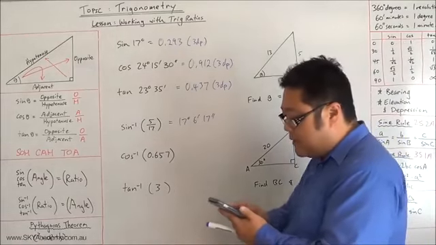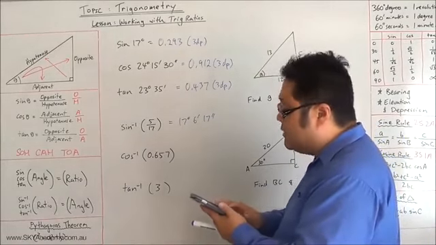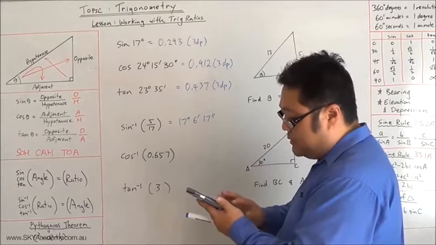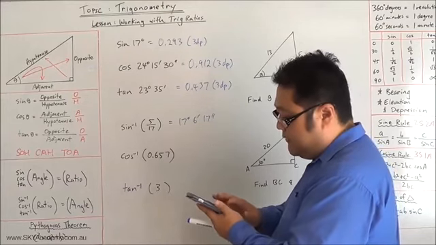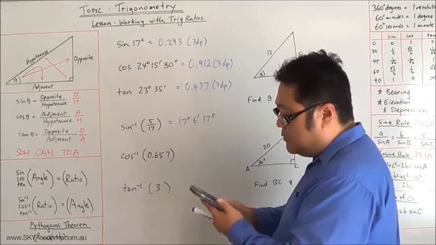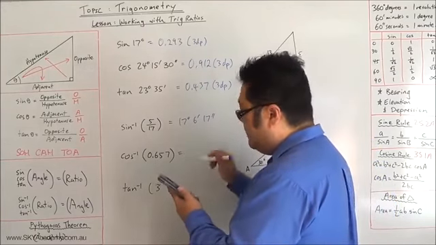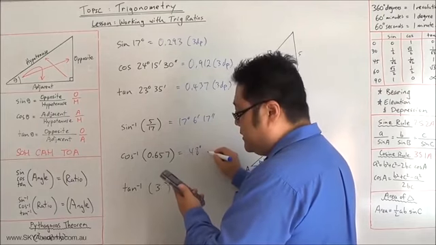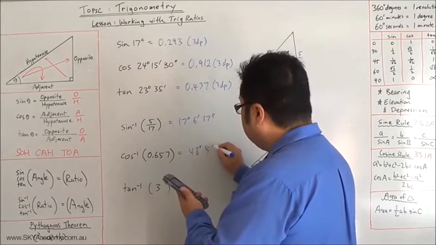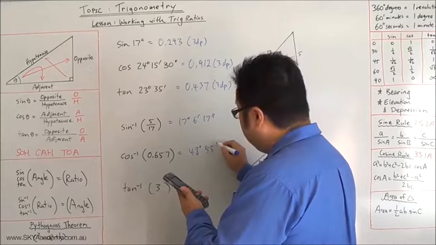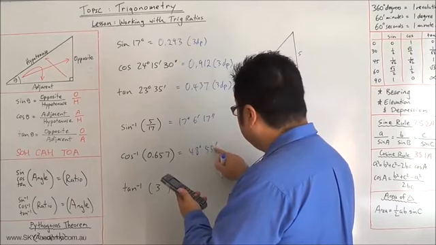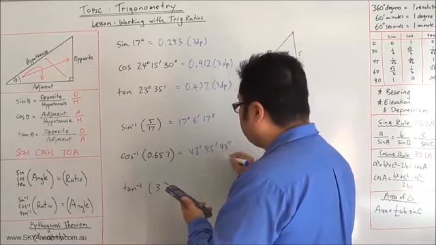I'll do the same thing with the next two. So inverse cos of 0.657 close brackets equals, and this answer will be 48 degrees, 55 minutes, 43 seconds.